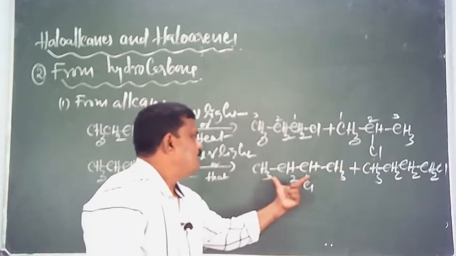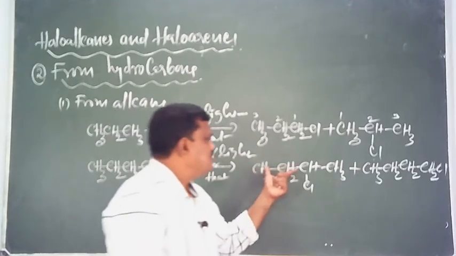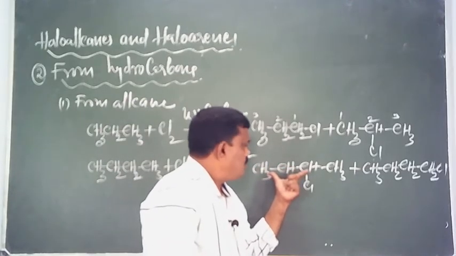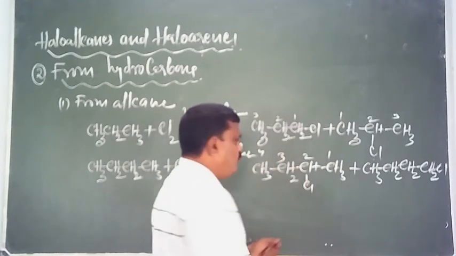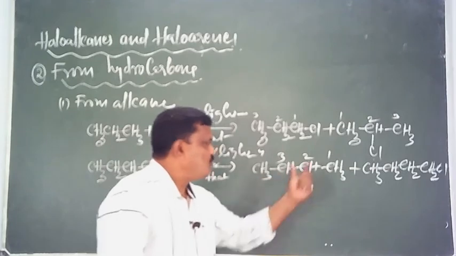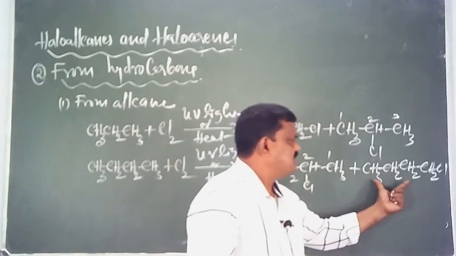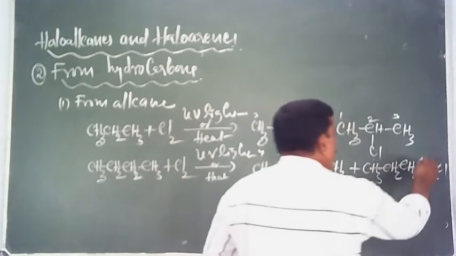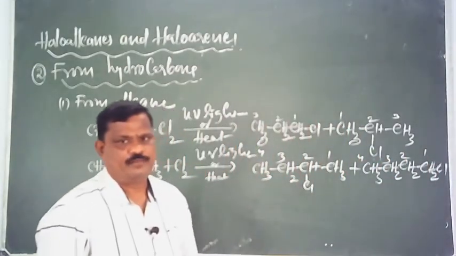What's the name of this compound? Numbering 1, 2, 3, 4, it is 2-chlorobutane. What is this? Numbering 1, 2, 3, 4, it is 1-chlorobutane.